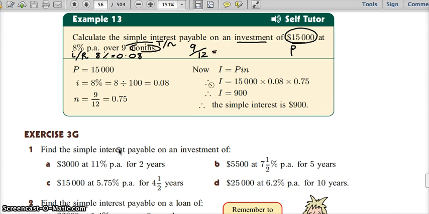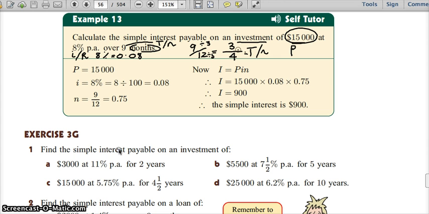Earlier on, we tried to simplify fractions, and that's what this requires. Divide by the common denominator, which is 3. So 9 divided by 3 gives you 3, and 12 divided by 3 gives you 4. So T, or N, is equal to 3/4 or 0.75.